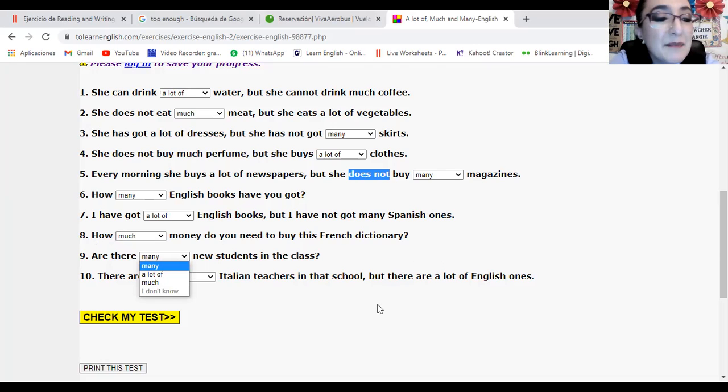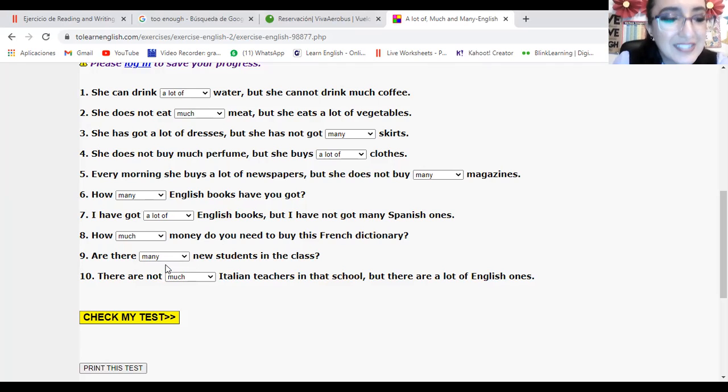Can you count them? Or no? What do you think? Okay, that's great. How many new students? Are there many new students in the class? Because you can count them.